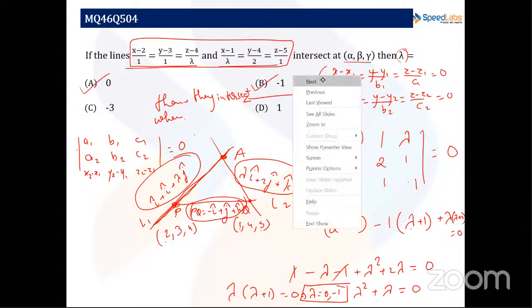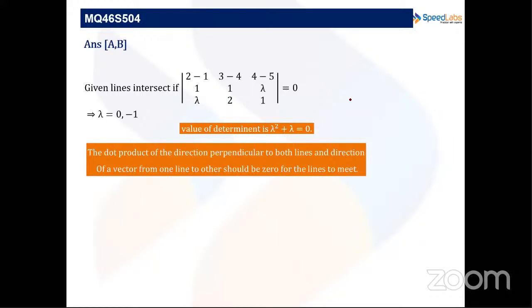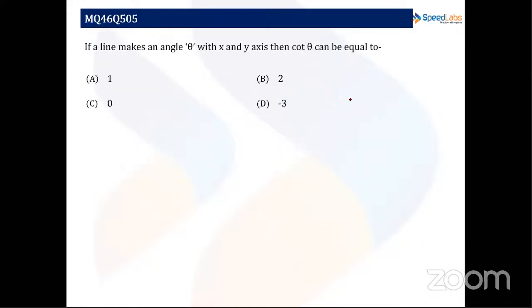Moving to the next question. We are given that if a line makes an angle theta with x and y axis, then cot theta can be equal to what. So we know that if a line is making an angle theta with x-axis, then L will be equal to cos theta, M will be equal to cos theta, and for N, we do not know what angle it is making with z-axis.